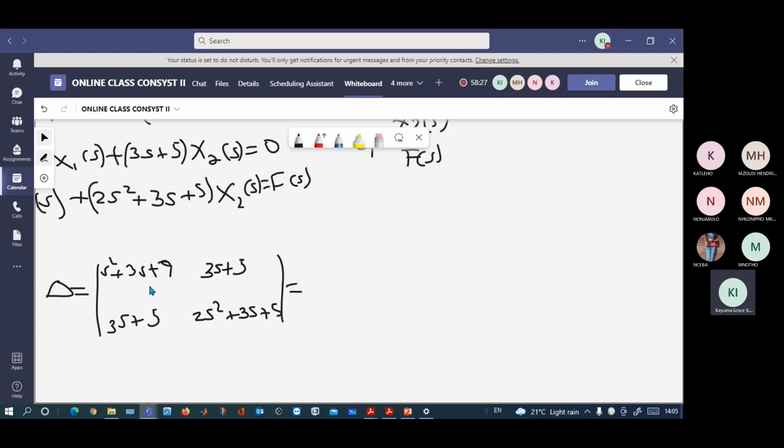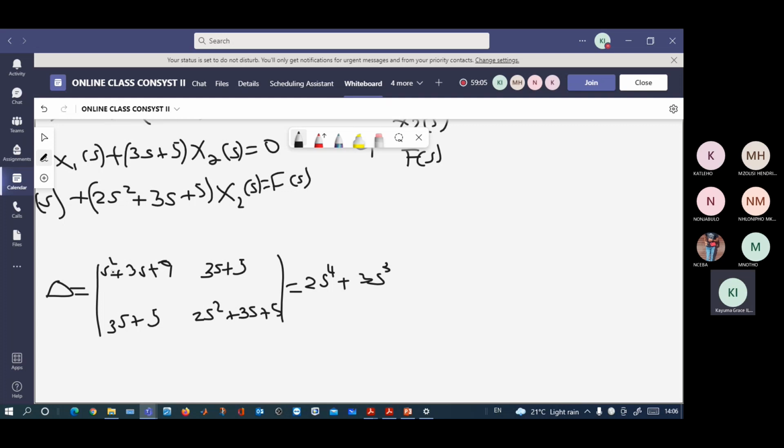So it's going to be this one times this one. s squared times 2s squared gives us 2s power 4. s squared times 3s gives us plus 3s cube.